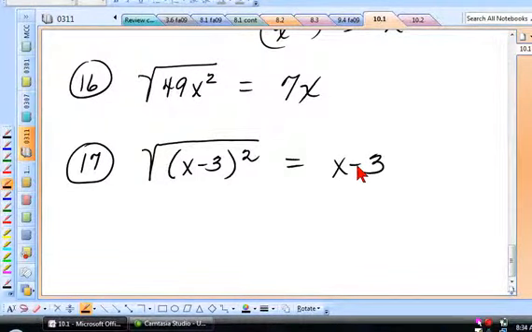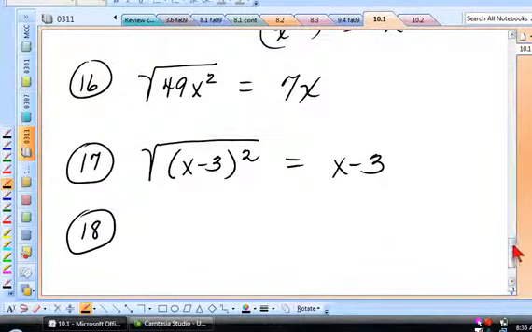If you take the square root of something squared, you are undoing what it says to do. Squaring and square root are inverses, so the radicand just pops out. All right, let's look. So don't square the binomial if you were tempted to do that.